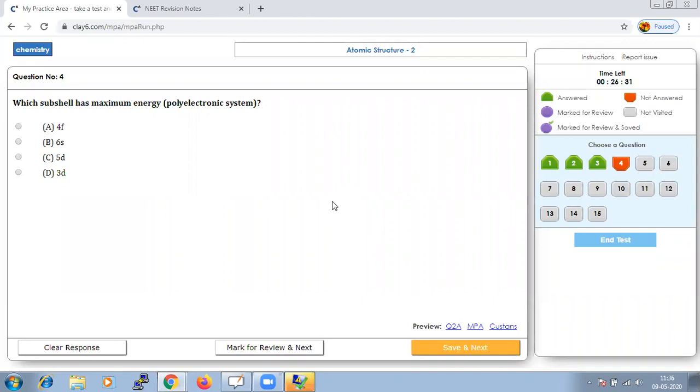It's very simple to find out, because based on our Aufbau principle, if you do the arrangement, the Aufbau principle has its own order, or you can say the n plus l value you will be able to calculate. So for maximum energy, based on the Aufbau principle, if you check that arrangement, you can come to the conclusion that option C will be the right option.